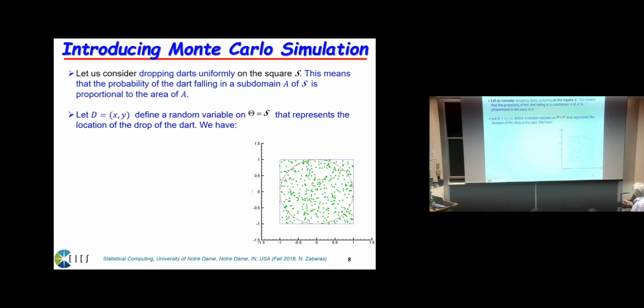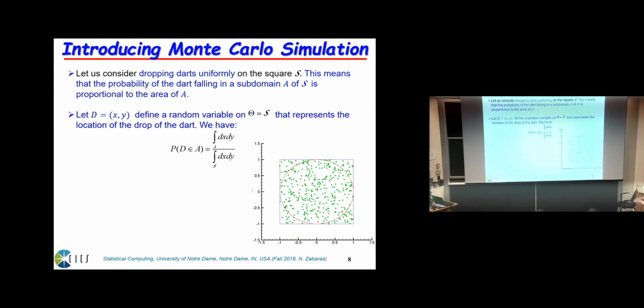So notation: since we're going to be dropping these darts uniformly on this square, we define a random variable D that is a vector with components x and y, which are the coordinates where the dart is going to land, okay? So D is a random variable defined on this square, and it's the location where the dart falls.